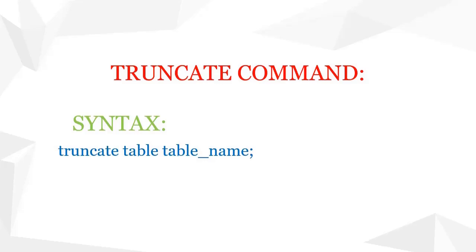But while using truncate command, it deletes only the components of your table, that is the values present in your table, but the structure of the table remains the same, okay. So this is the difference between the truncate and the drop command, okay.